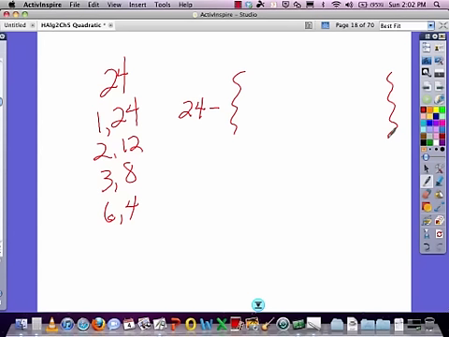So an example here would be, if we did do them in order, we'd go 1 and 24, and we say, okay, yeah, 2 and 12, and so then 3 would get paired with 8, and then 4 would get paired with 6, and the only number we would have to check now is a 5. If we went in order, right on down, that would tell us there's nothing between 8 and 12, nothing between 6 and 8, nothing between 12 and 24, and we had all the factors.